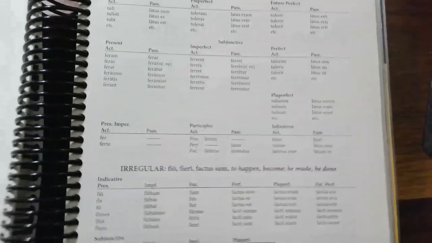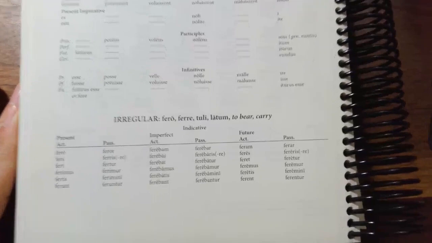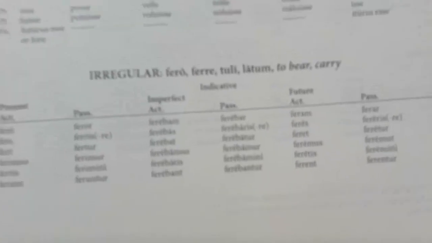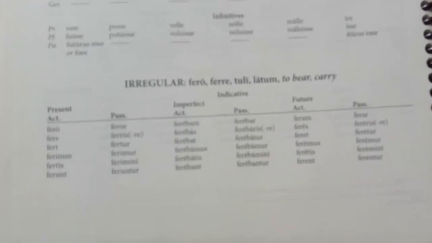And let me flip the page a little bit here, and I'll show you ferro real quick, just for fun. So we have ferro here. Ferro is very irregular. It's got its own section in the appendix. Let's see if I can get this focused for you.